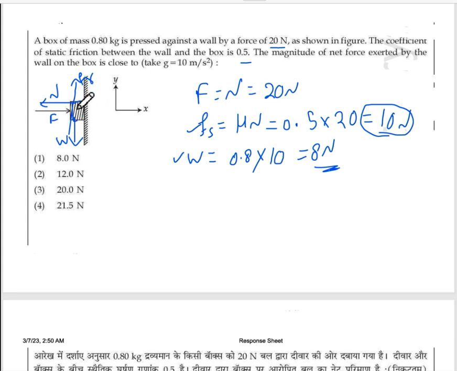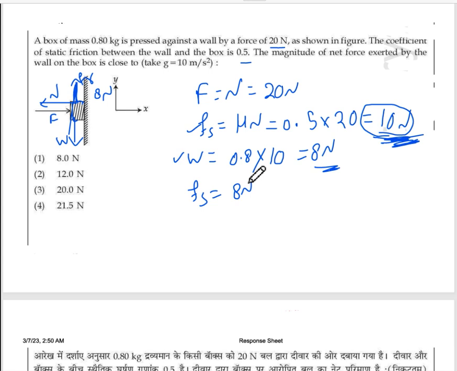If the force were 10 newton, then the object would move upward. So the static friction applied here is 8 newton to balance the weight of the object, while the 10 newton indicates the maximum static frictional force the object can apply. So the frictional force acting on the object is 8 newton, in the upward direction, right?